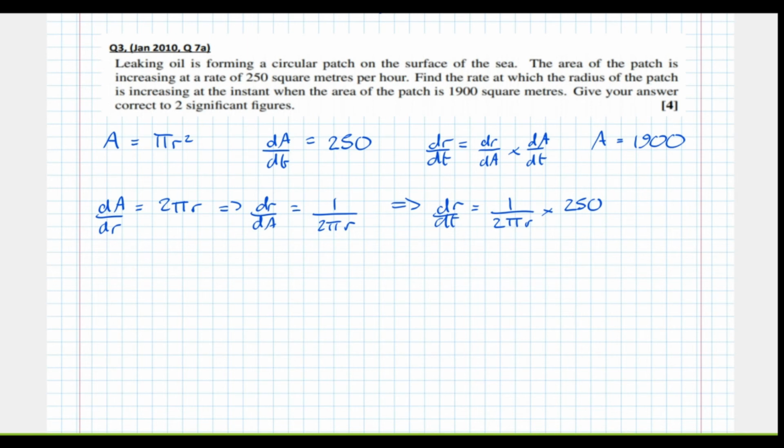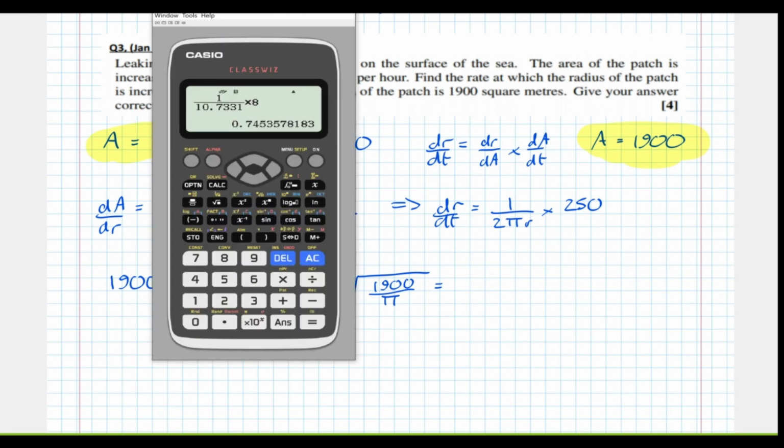but notice we haven't got the value of r. However, we can find it. We've got the area, so from that we can find the radius. So 1900 equals pi r squared, which means that r equals the root of 1900 over pi, which is 24.592.